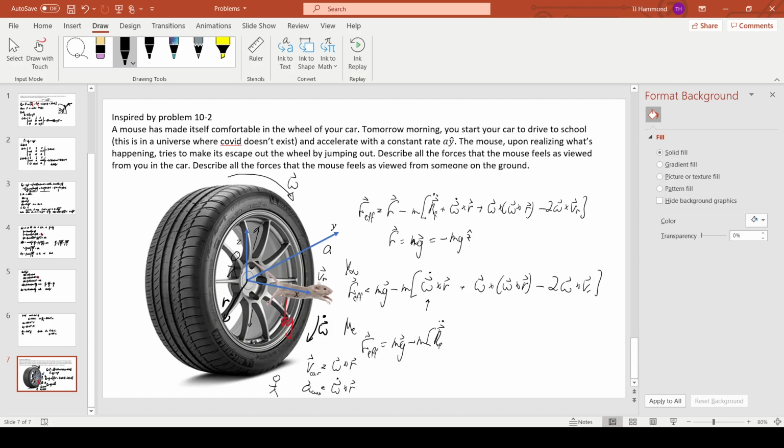All right? So that's going to have this R double dot, which is going to be our acceleration. And then we're also going to have the fact that this wheel is speeding up, and we're going to have omega cross omega cross r, the centrifugal force, and this should be plus, and we'll have the Coriolis force.